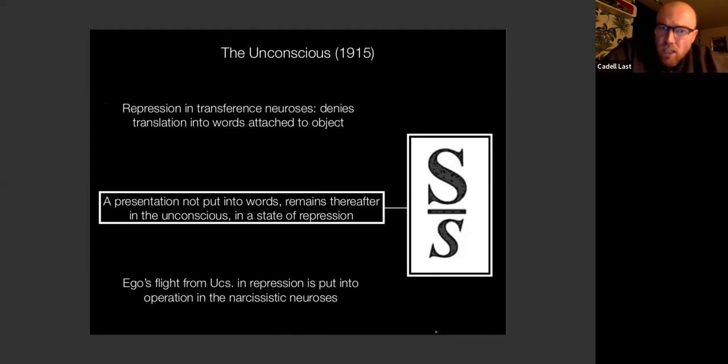It says repression in transference neuroses denies translation into words attached to the object. So really the struggle that the neurotic has is representing his unconscious or representing her unconscious. And that's also why free association and the passage through the symbolic order is so important for psychoanalysis.